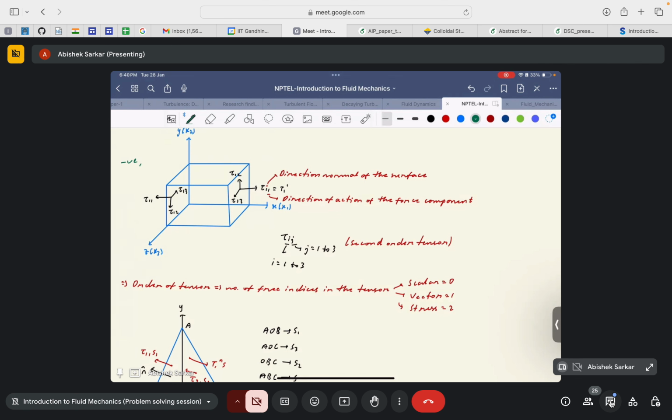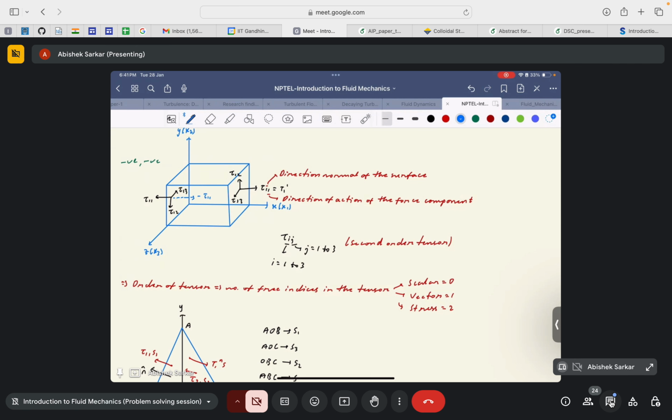Just to make it positive, we take the force in the negative direction as well, so that the product of these two signs becomes a positive term. That's why it is chosen in this particular direction. It is tau 1 1 in that direction. If we had chosen tau 1 1 in the positive x direction, then we should write it as minus tau 1 1.